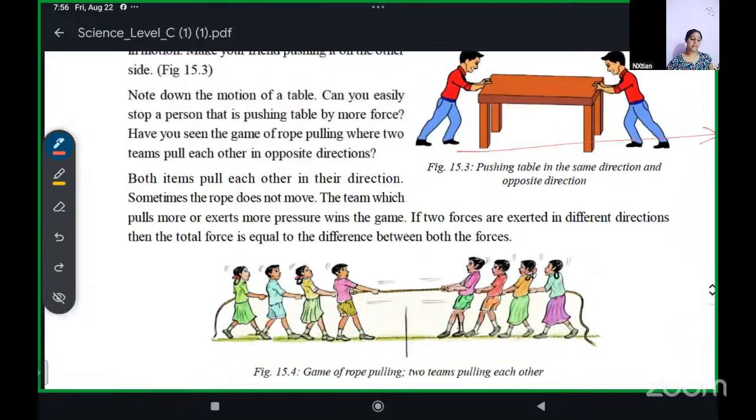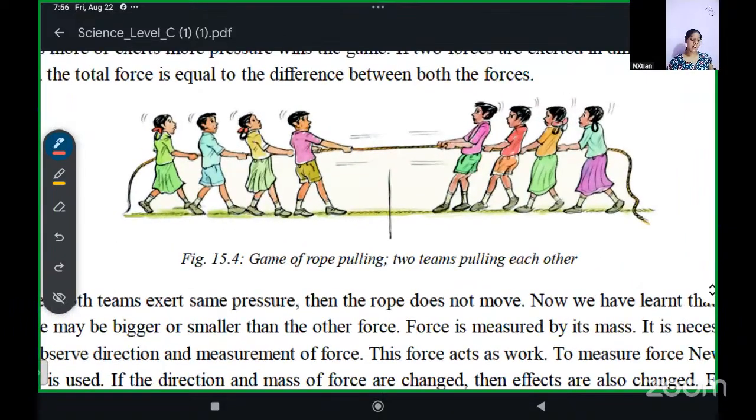Another good example of it is a game of rope pulling. In rope pulling, the team which pulls harder, with more force, gets the rope to their end and they win.